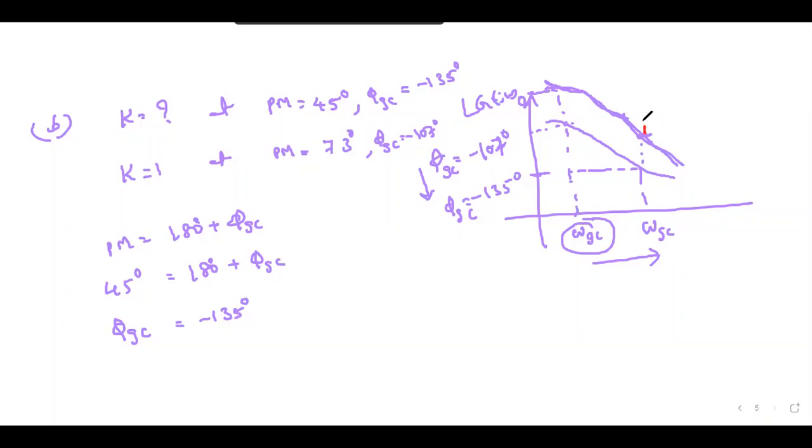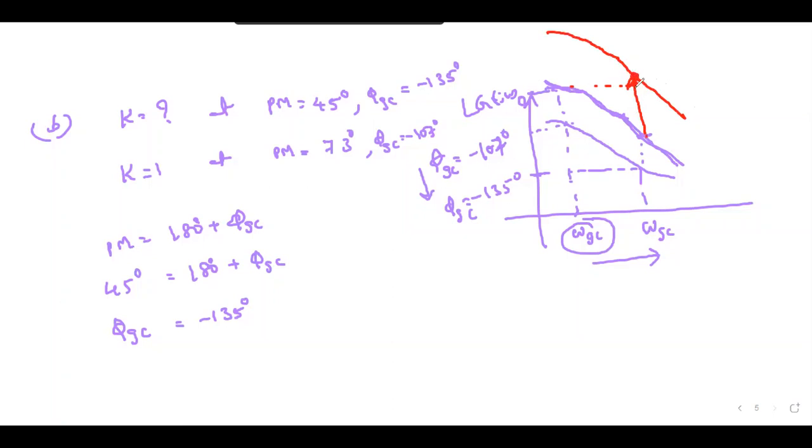So I should shift up and make sure that this is at this point. I will shift this total plot by some amount. Then this point will go to here, so 0 dB occurs at this point.